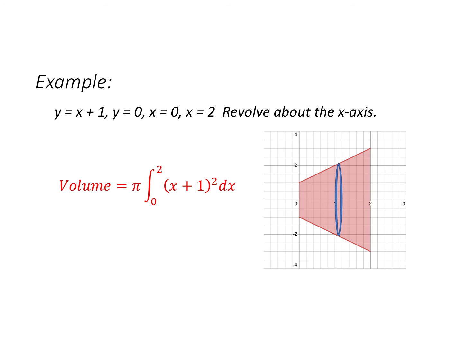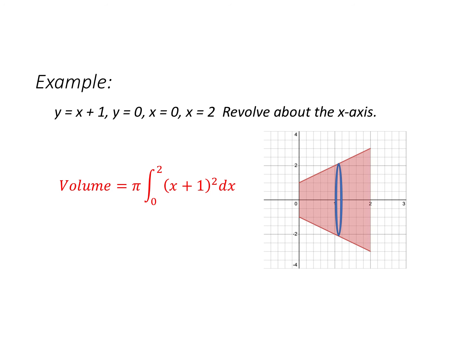If we remember our definition for the volume of a solid of revolution, it's simply equal to pi times the integral from 0 to 2 of x plus 1, and x plus 1, remember, is the radius of the cross-section, squared dx.